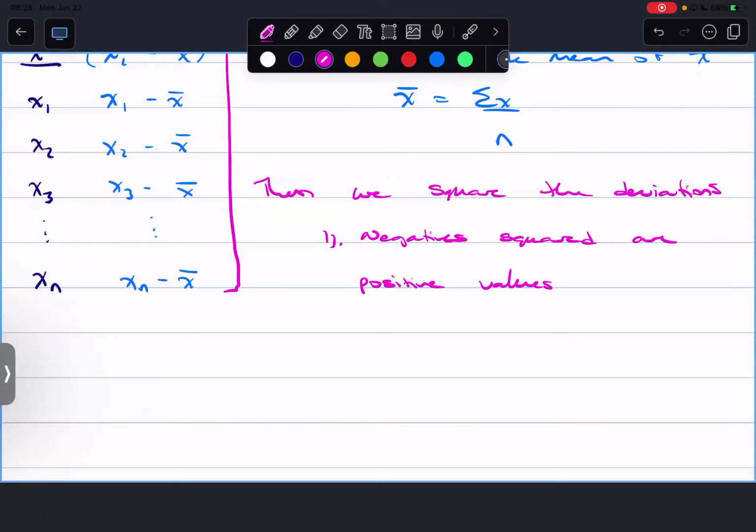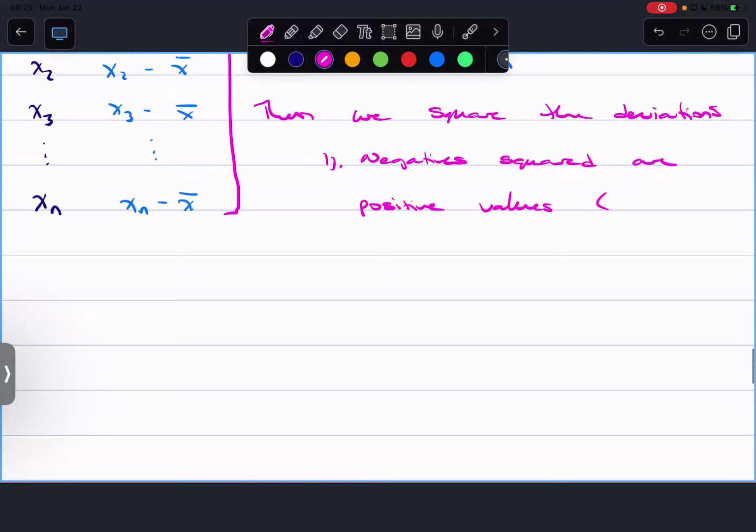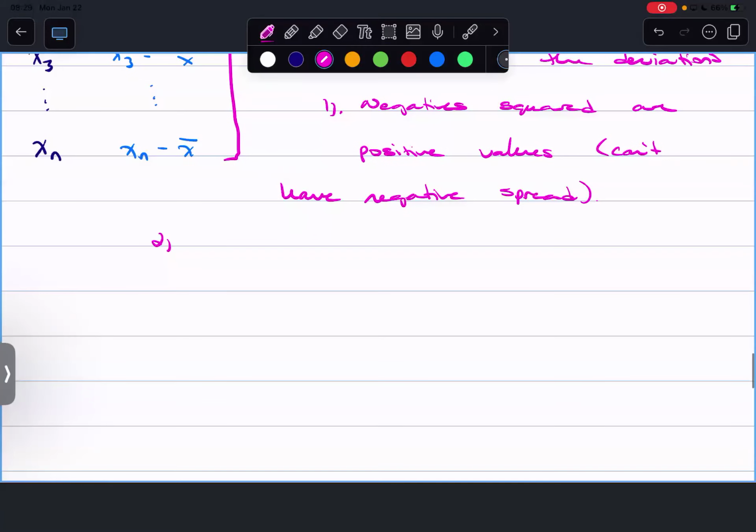You either have 0 spread, like we saw where all the data values are the same and there's no spread at all, or you have some positive spread. You can't have some negative spread. Okay? And so negatives squared are positive values. And I'll add, we can't have negative spread. But also the second point is that large deviations are amplified.